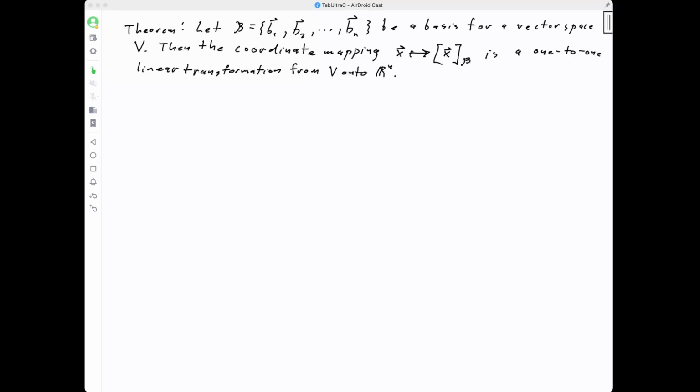Okay, so that's the big idea behind the basis and coordinate system: it allows you to take very arbitrary theoretical vector spaces and turn them into vector spaces in Rn. And that's where we're going to stop this video.